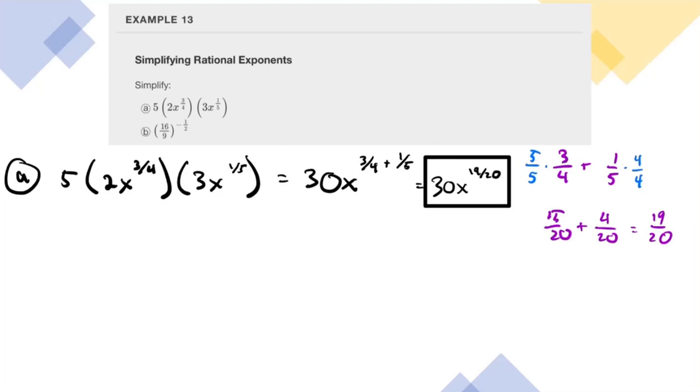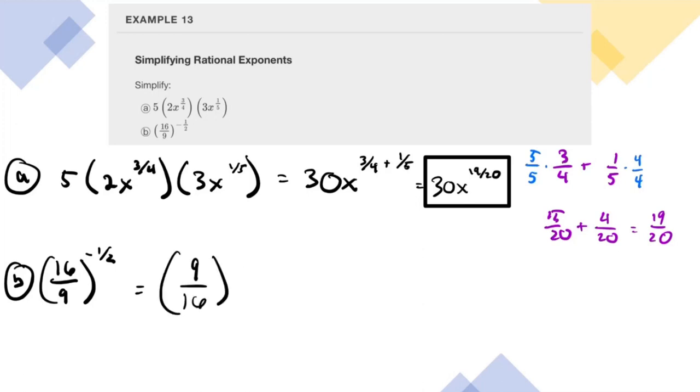Okay, let's do the next one. So for part B, we have 16 over 9 to the power of negative 1/2, right? A negative exponent basically flips the fraction. So this should be the same as 9 over 16 to the power of a half. I think these are perfect squares.